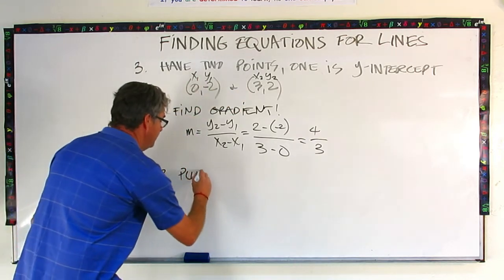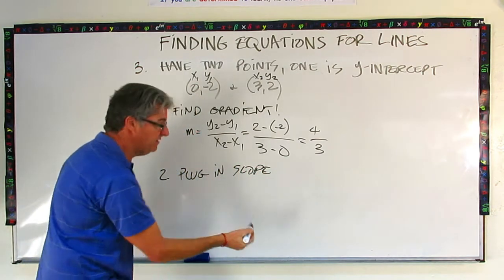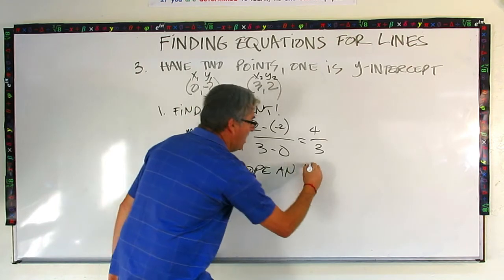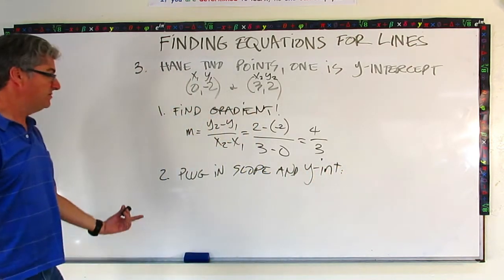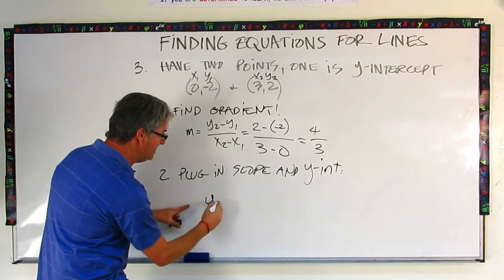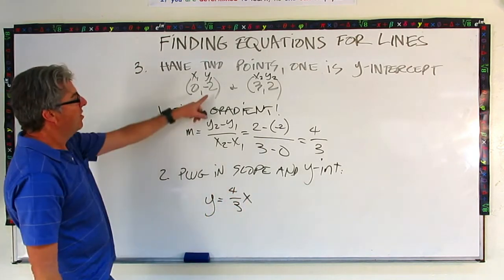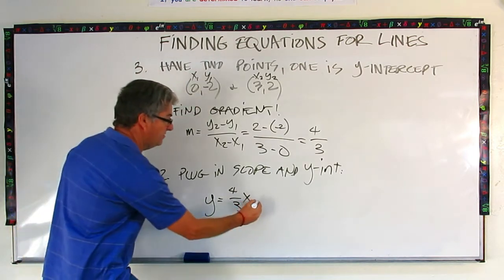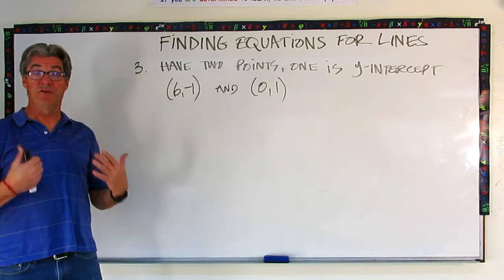So plug in slope, which is also gradient, and the y-intercept. Okay, so that's pretty simple. We go y equals 4 over 3x, and we know our y-intercept from here is minus 2. So there's our equation.